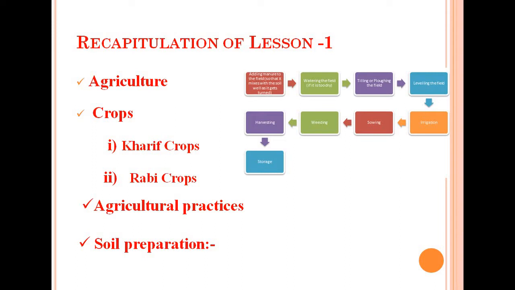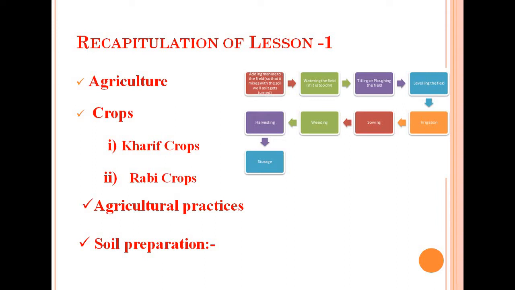We also came to know about crops, which are plants of the same kind grown on a large scale for food, clothing, etc. There are two types of crops based on the seasons: Kharif crops and Rabi crops. Rice is an example of a Kharif crop and wheat is an example of a Rabi crop.